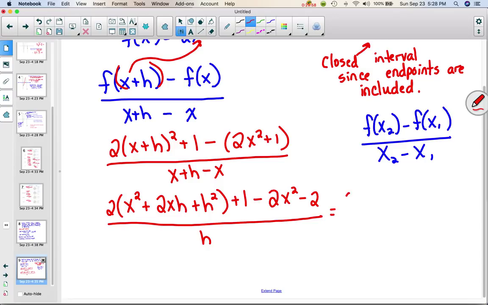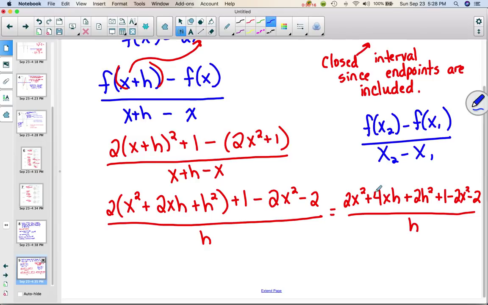So I have, distribute, 2x squared plus 4xh plus 2h squared plus 1 minus 2x squared minus 2, all over h. Look for things that can cancel. So I have a 2x squared and a minus 2x squared. And that looks like all that can cancel.